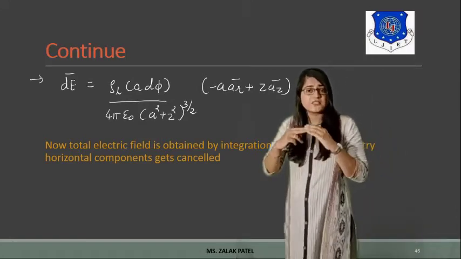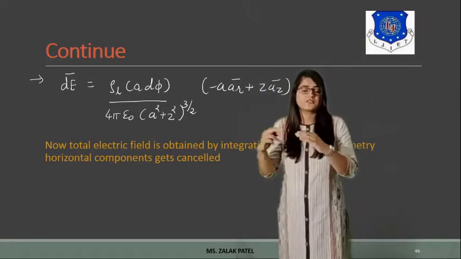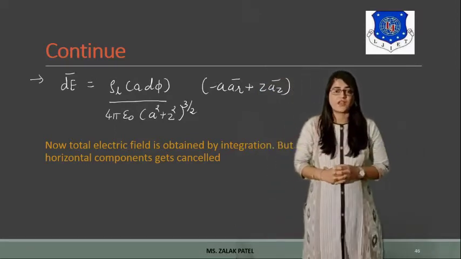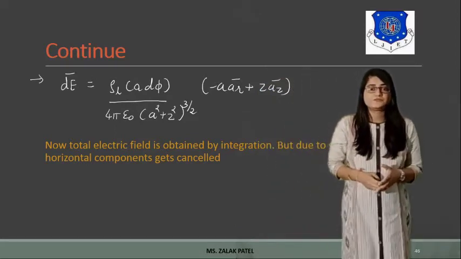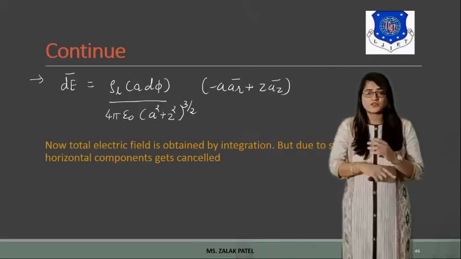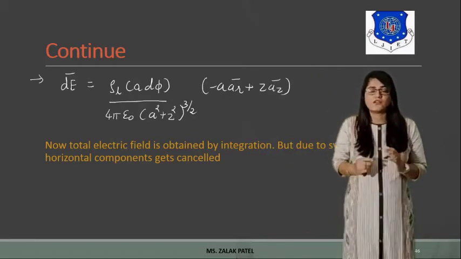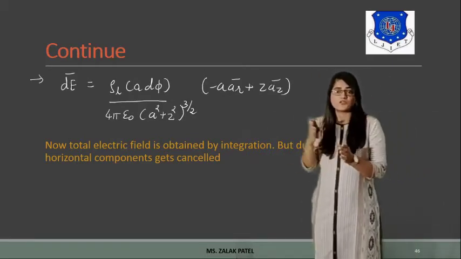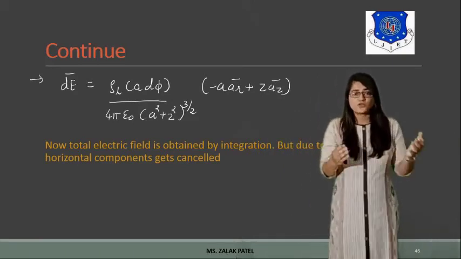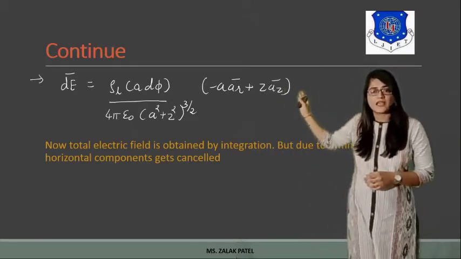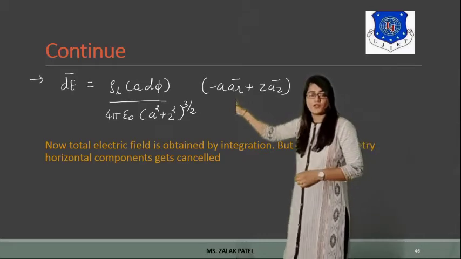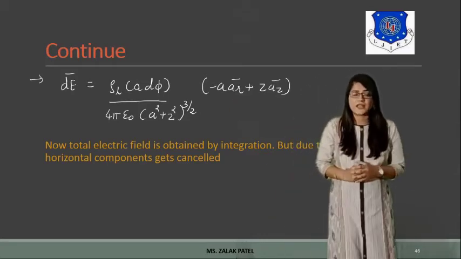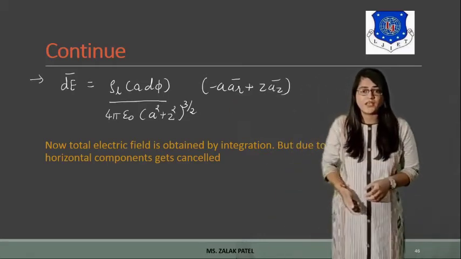So whatever charge is present on plus infinite, the same charge is present on minus infinite. In this case, the charge is located on a circular ring. So whatever charge is on the left hand side, that is also present on the right hand side. So here the r component, that is the horizontal component, will be cancelled out. So minus a ar will be neglected, and the remaining part is z az.